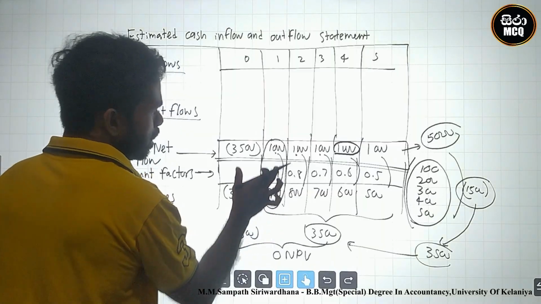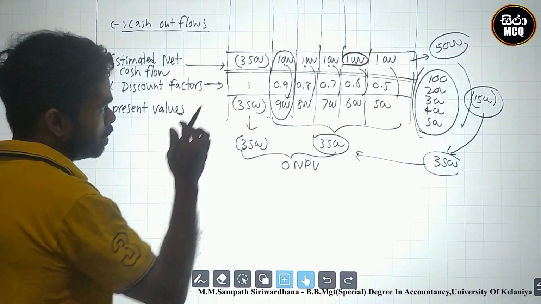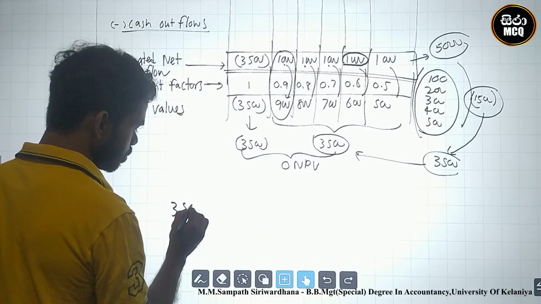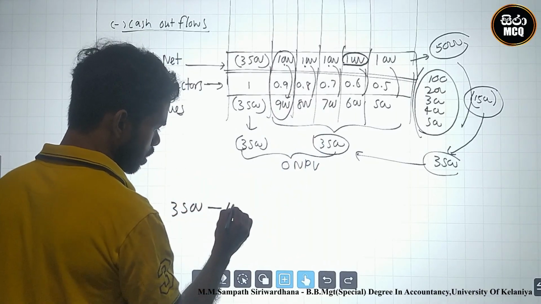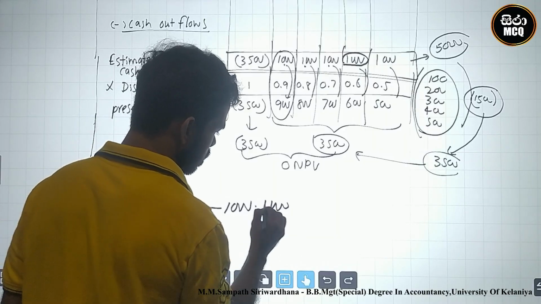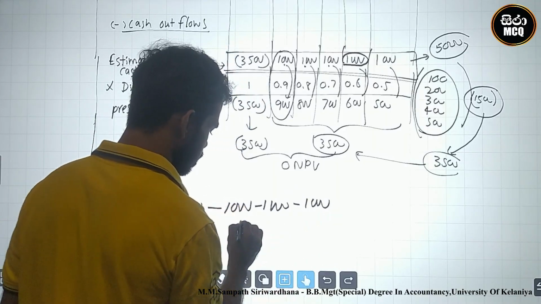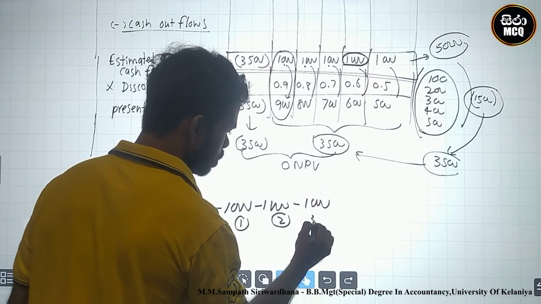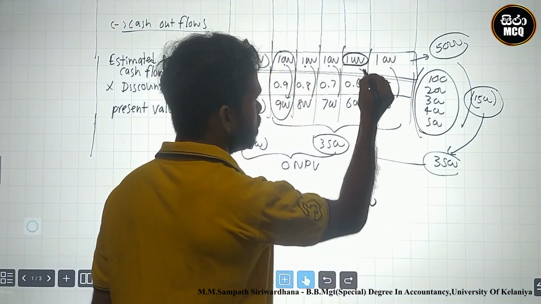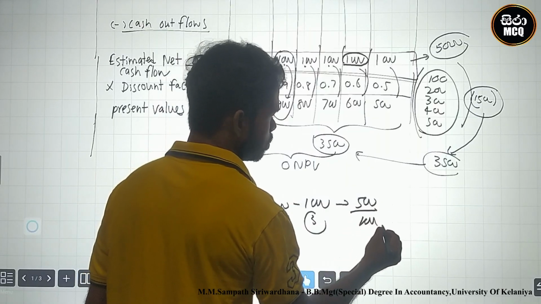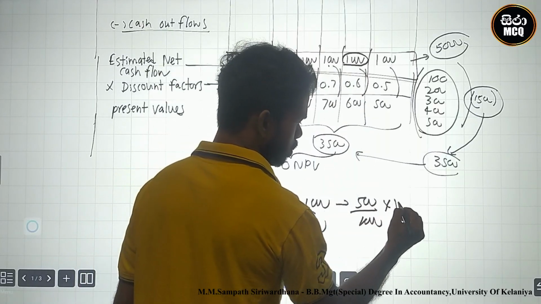Just look here, how can we calculate the payback period? The 3,500 is covered by these cash inflows of 1,000 each. There are 3 years: 1, 2, 3. The remaining balance is 500, dividing by the next year's 1,000, and multiplying by 12.